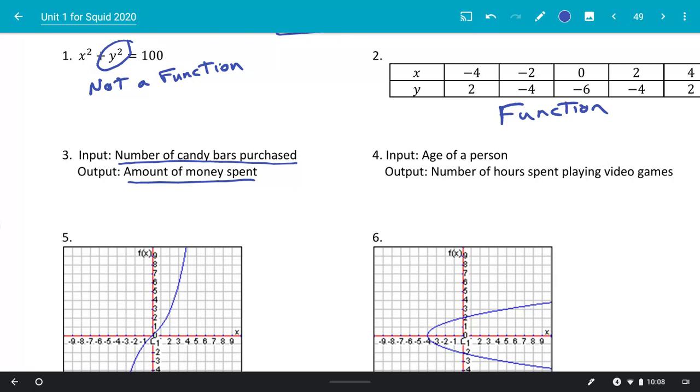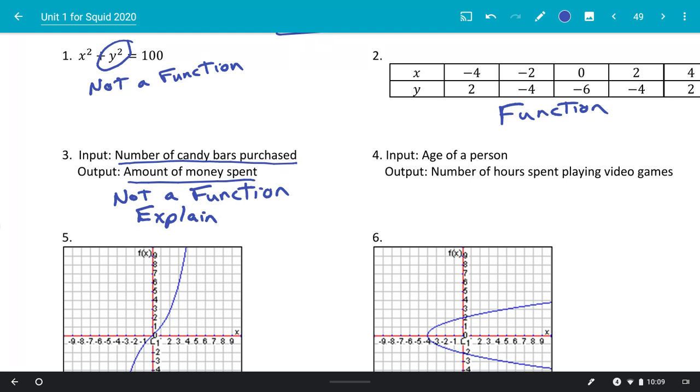So I have to be specific, and I'm going to say this is not a function. And we could argue about whether it is or is not, but I think some candy bars would have different prices. Therefore, that's why I'm saying it's not a function. If you go one way or the other and you're not sure, you better give an explanation, just as I did verbally, but if it's on the test, you would need to explain in writing.